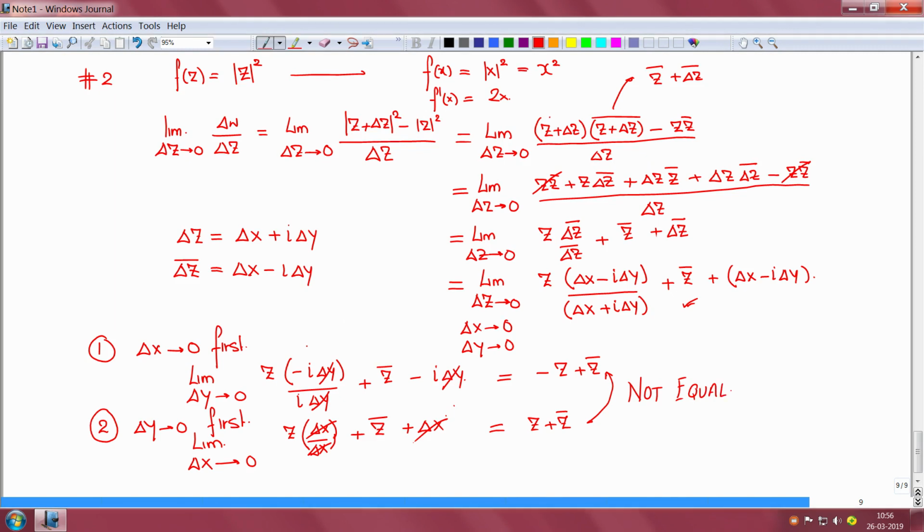In fact, the only place where these two can be equal is when z is 0, or x equal to 0 and y equal to 0, that is at the origin. It has a derivative only at the origin and nowhere else.